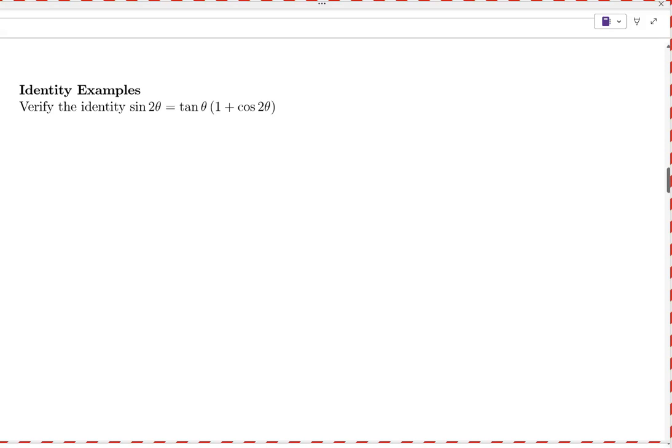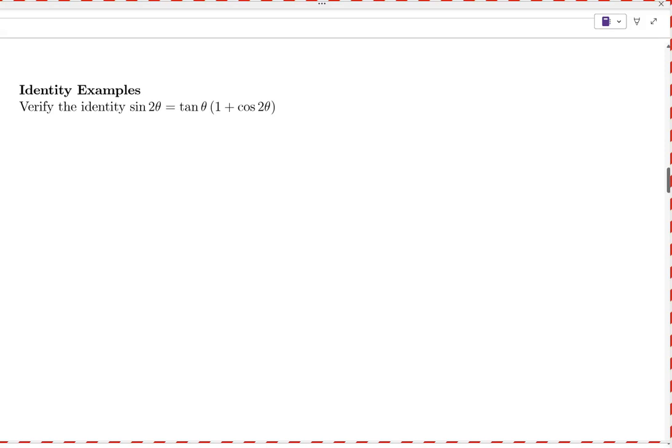It might be a little ambiguous for the notation. The tangent theta is just being multiplied by that. This is not inside the tangent function. Just the theta is. It might look a little ambiguous, but if it were inside the tangent function, this problem would get a lot harder. We don't want that inside the tangent function.